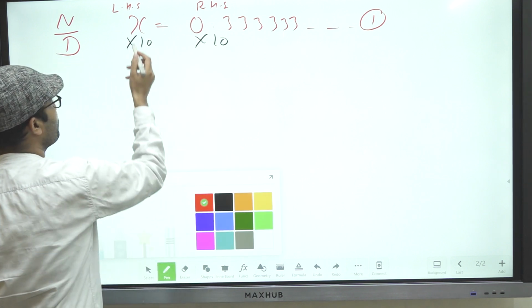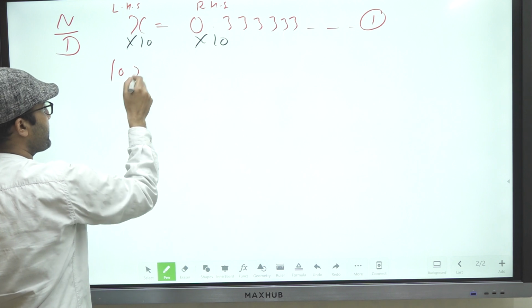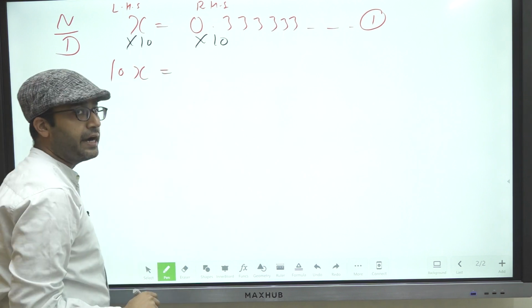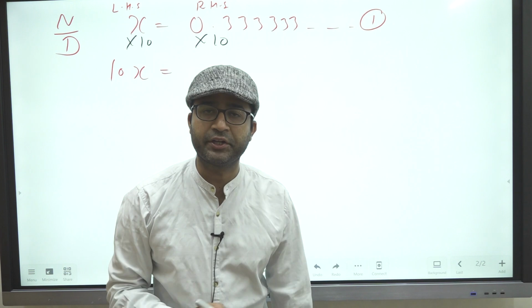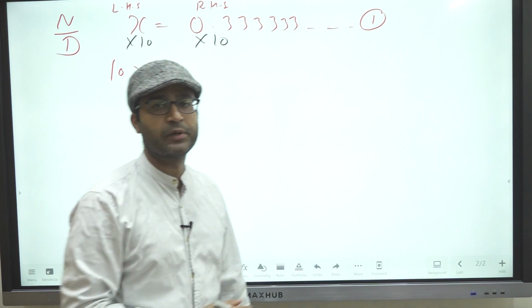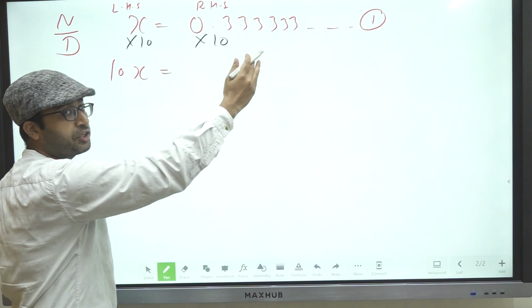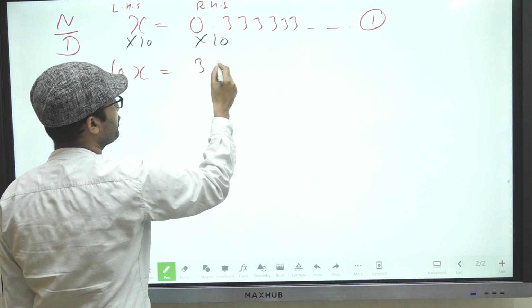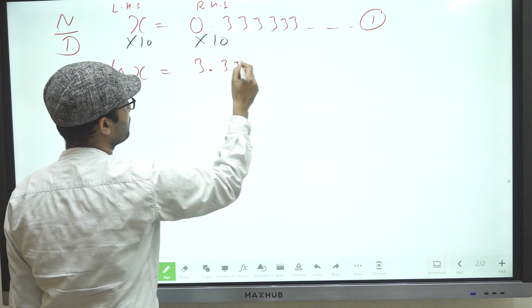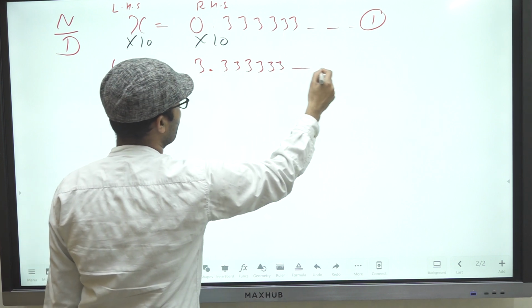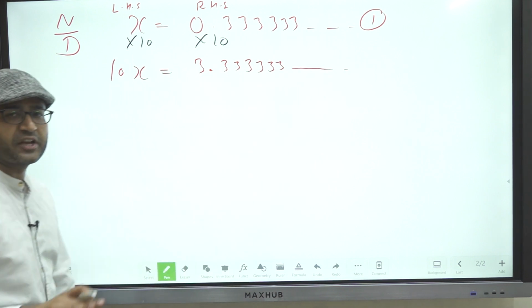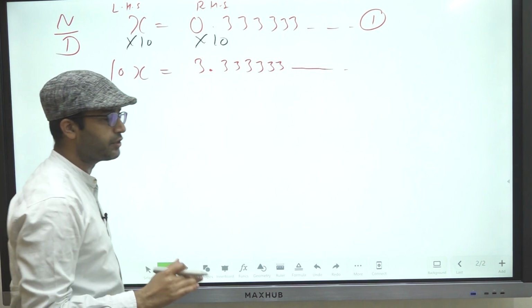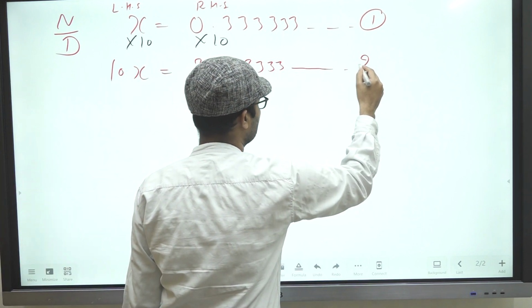As you multiply x with 10, we get 10x. And in a decimal, when we multiply with 10, the decimal shifts one place to the right. 0.333 when multiplied by 10 becomes 3.33 and so on. This is just the basic idea, then I will give you the short trick. I call it equation number 2.